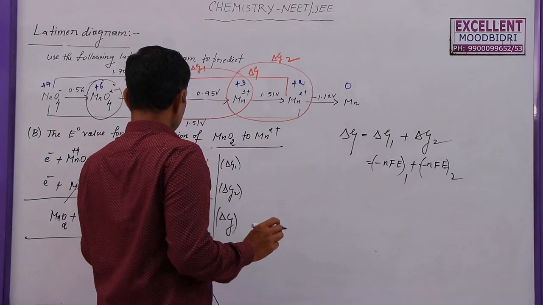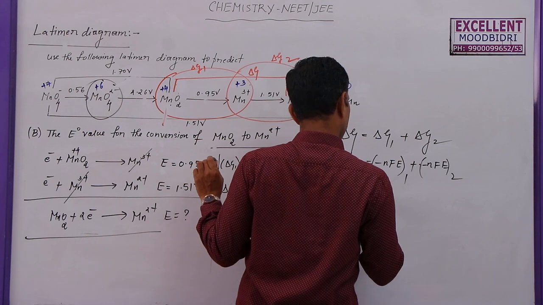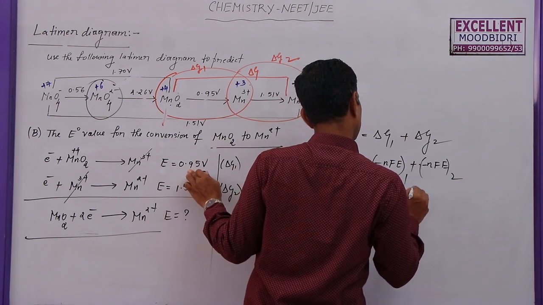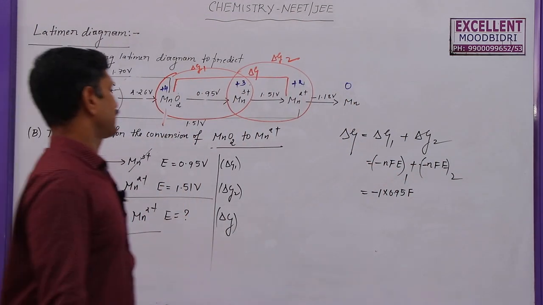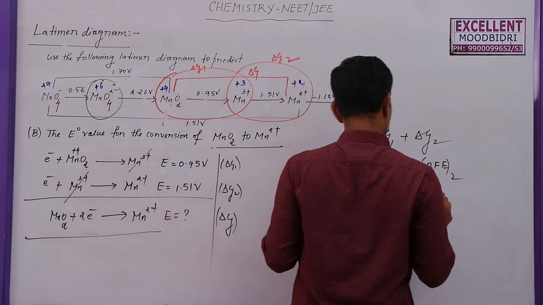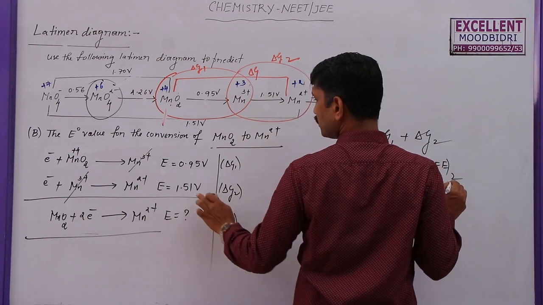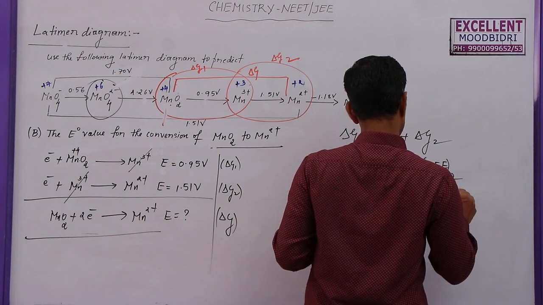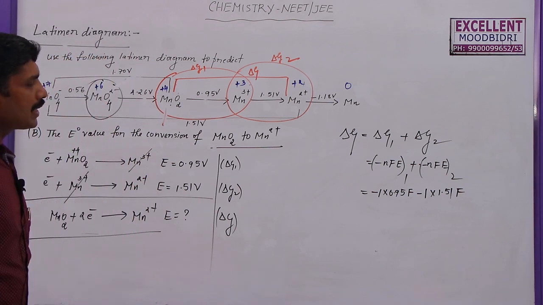In the first case, the number of electrons transferred is 1, so minus 1 times 0.95 times F. In the second case, the number of electrons transferred is also 1, and the E value is given as 1.51 times F. Then we can add these two.